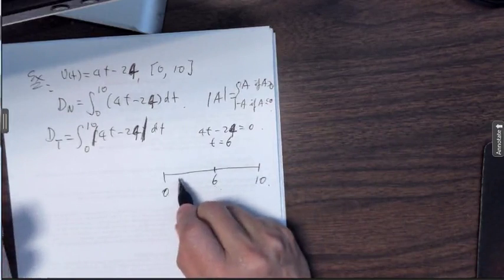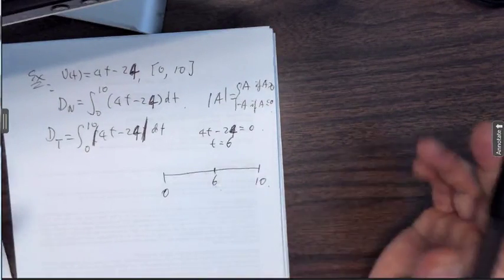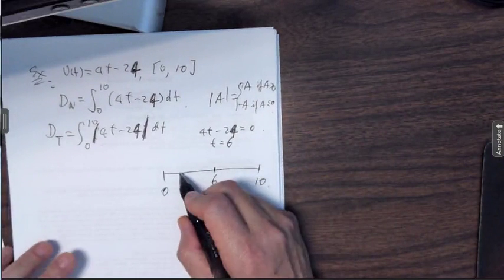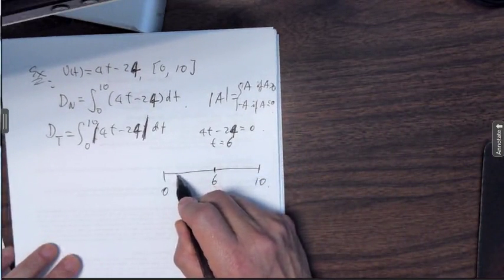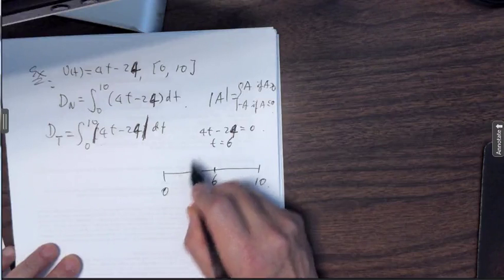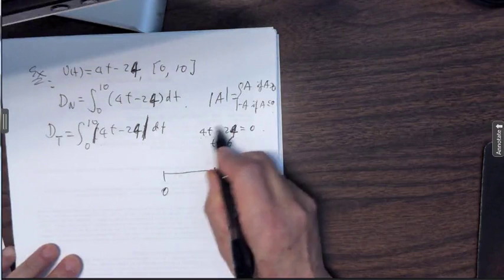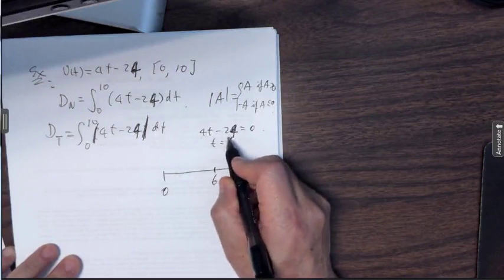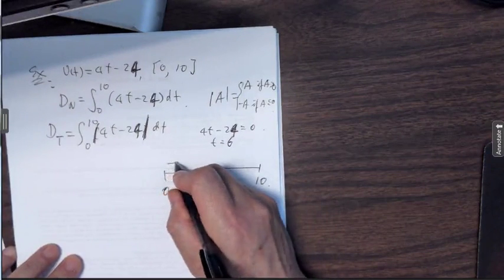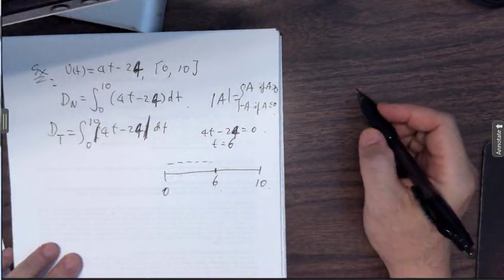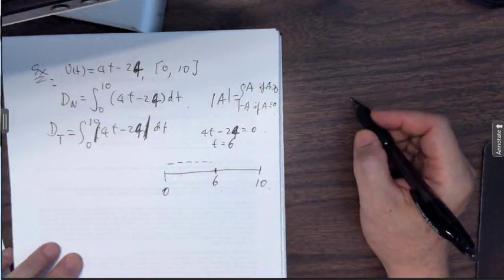Pick any point, 1, 4, 3, 1.9, whatever. Of course we're not crazy, so let's pick a 1. Pick 1 as a test point. Plug in 1 for t. 4 times 1 minus 24 is negative 20. So I know it's negative on this subinterval. 4t minus 24 is negative.